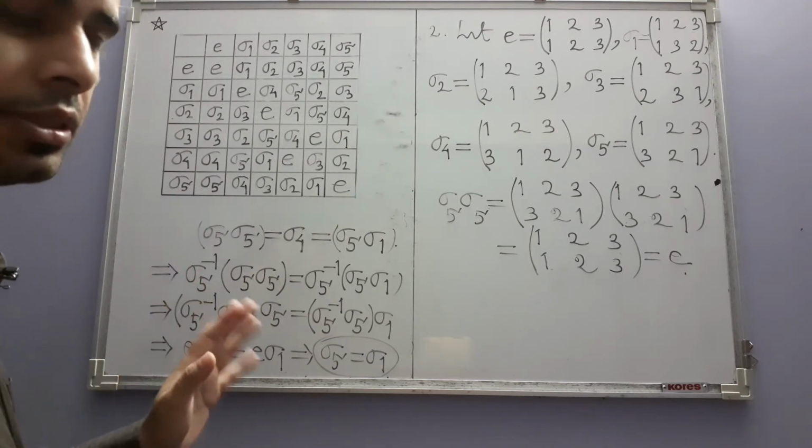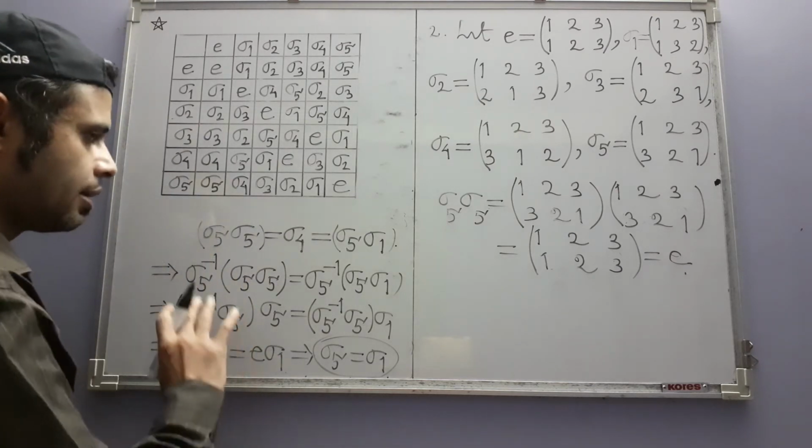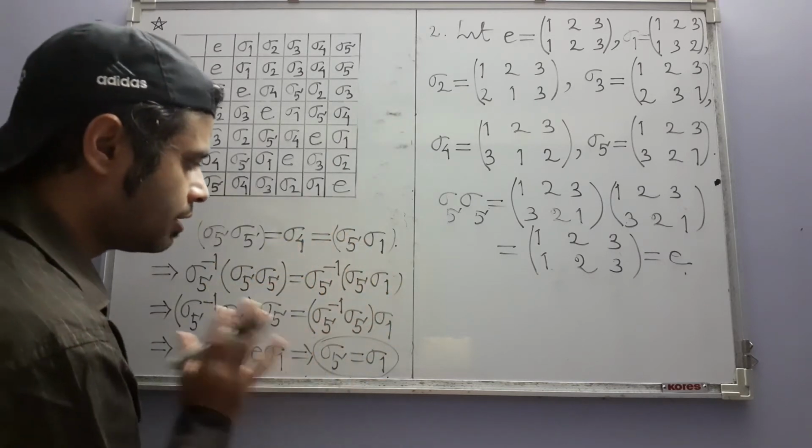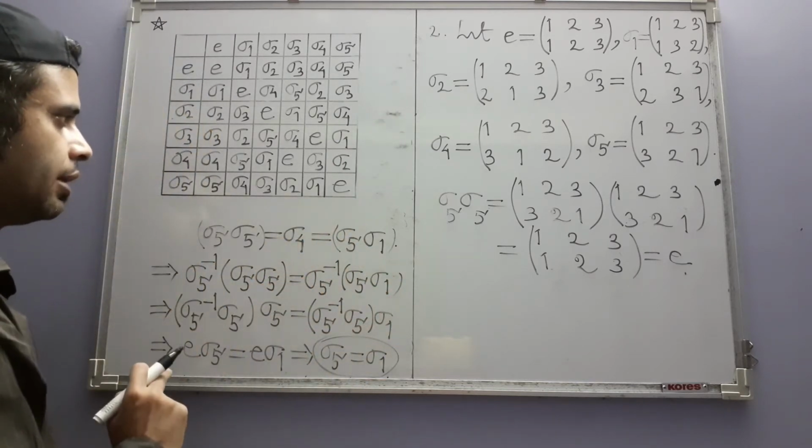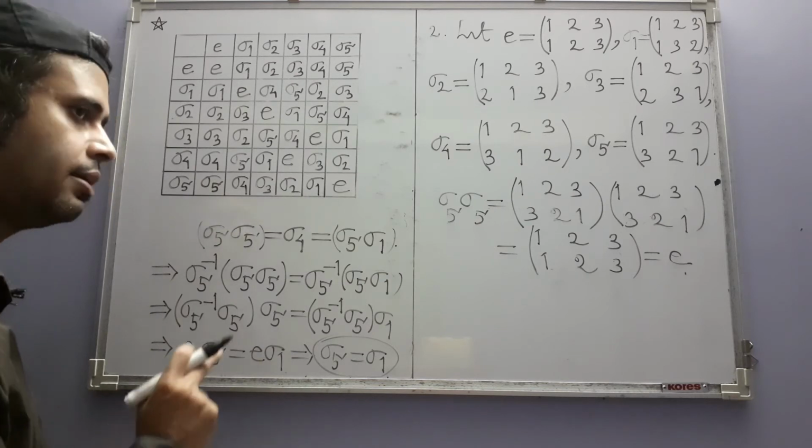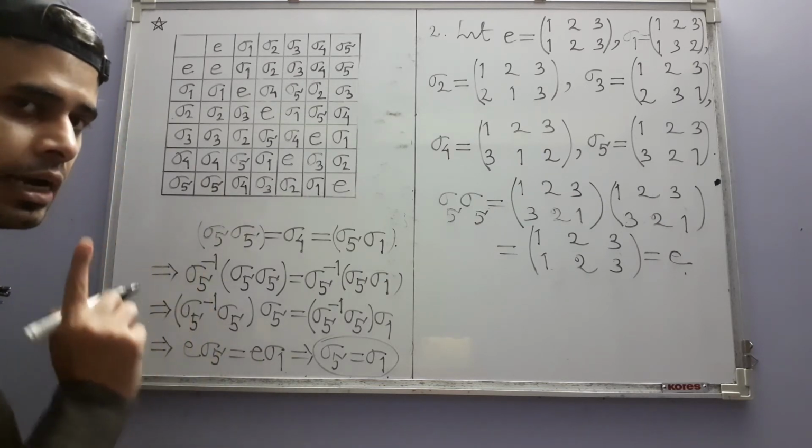Every element, I am again repeating, you take any element of the group, that element will appear in every row and every column, but exactly once.